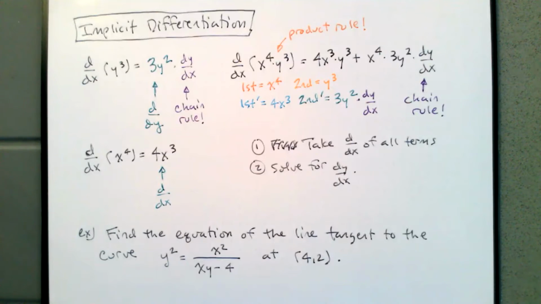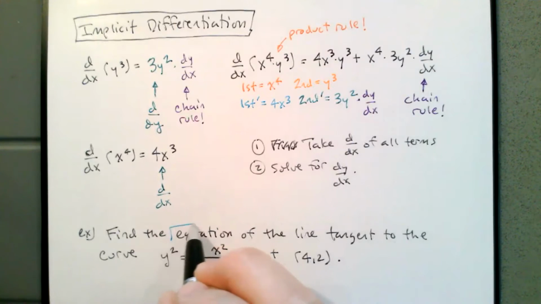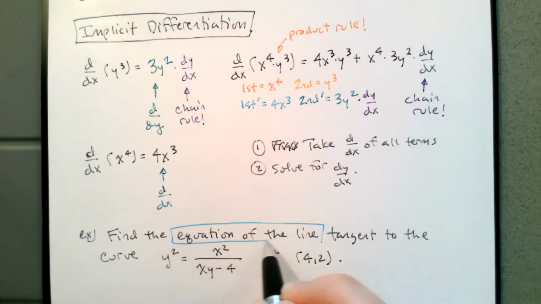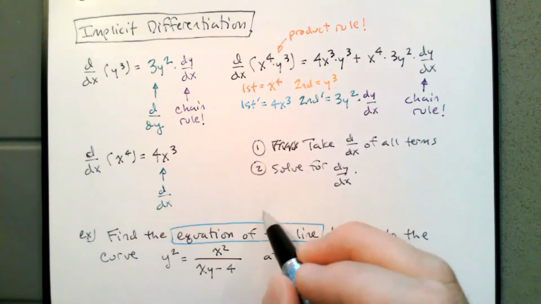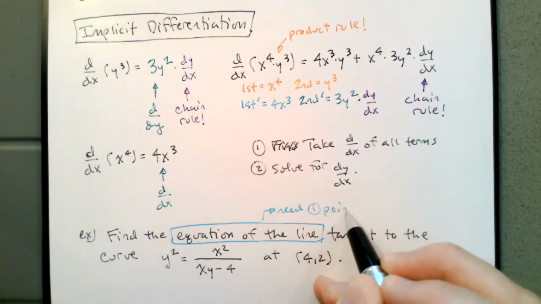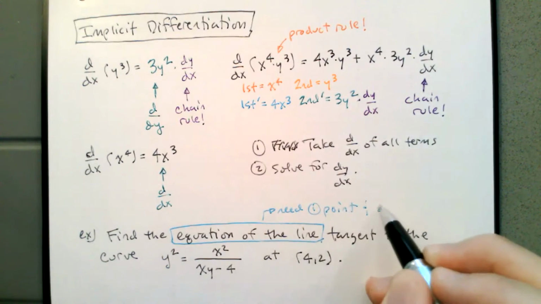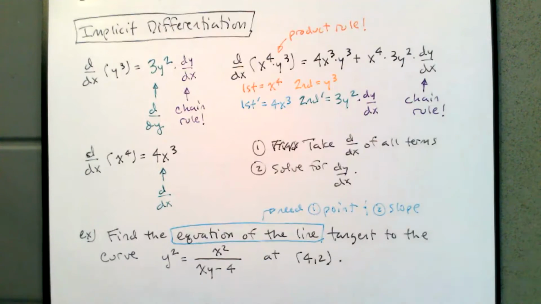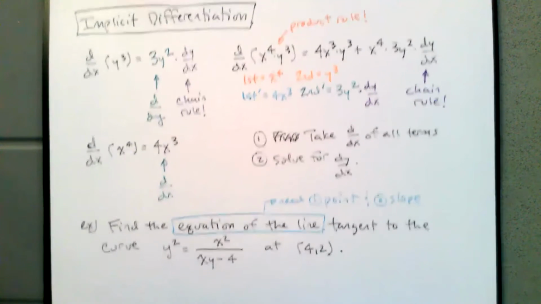When we want the equation of a line, we need two things. We need a point and a slope.